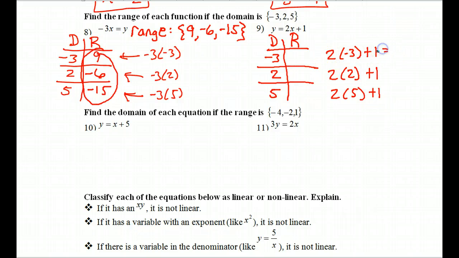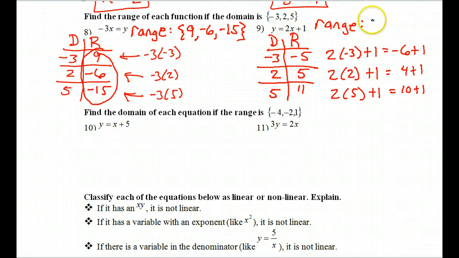That's going to be -6 plus 1, which is -5. This will be 4 plus 1, which is 5. And this will be 10 plus 1, which is 11. So the range for number 9 is just going to be -5, 5, and 11.